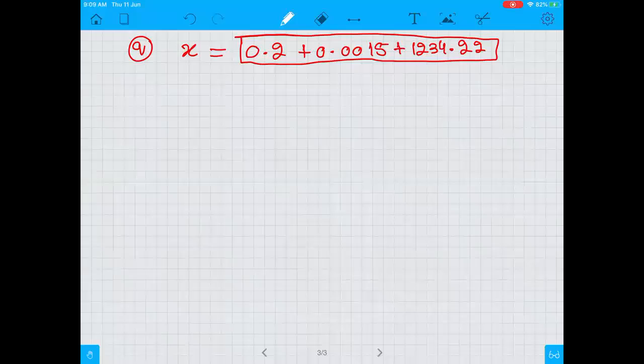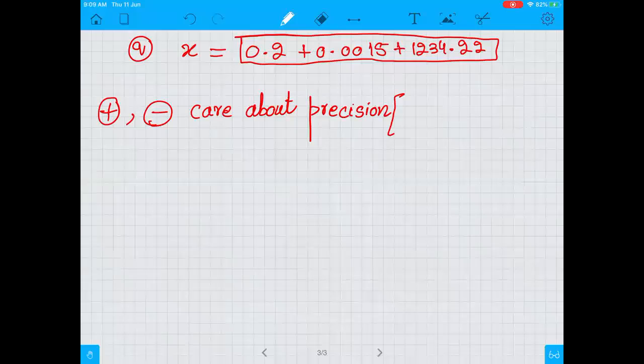So, when you are adding or subtracting, care about precision. Now, what is precision? Precision is, in simple words for your understanding, decimal points.